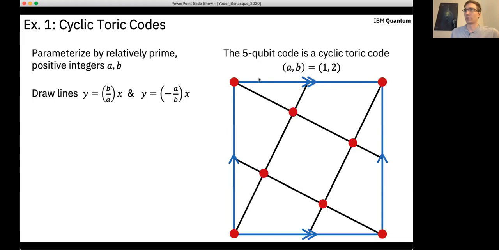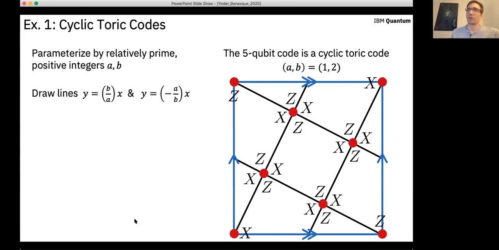This point is all the same, all identified. And this ends up being the 5-qubit code. So if you assign cyclically anti-commuting lists, then you see it's a 5-qubit code. And it's also a cyclic code because you can just shift stabilizers along the b over a direction.